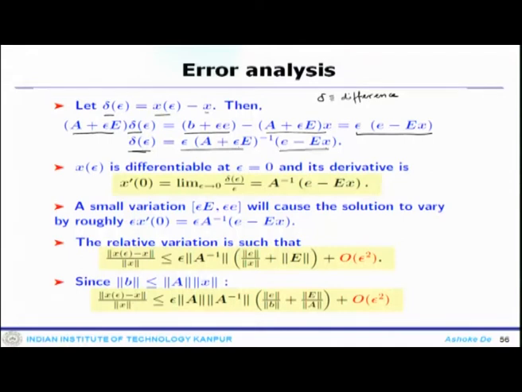So, you get (A plus epsilon E) delta equals epsilon into (e minus E x), so delta equals epsilon into (A plus epsilon E) to the power inverse multiplied with (e minus E x). That is what you get.